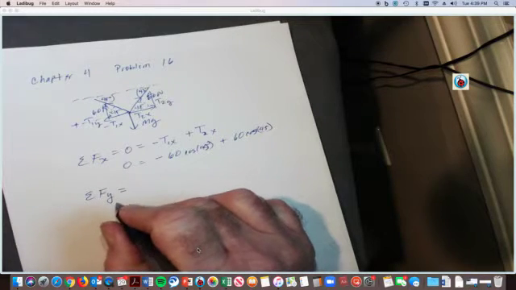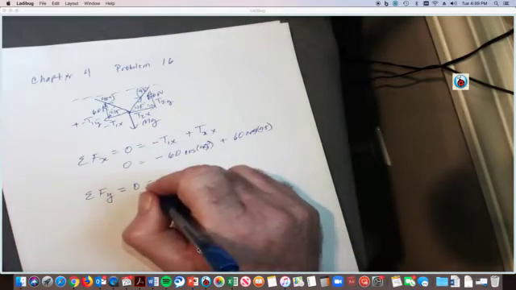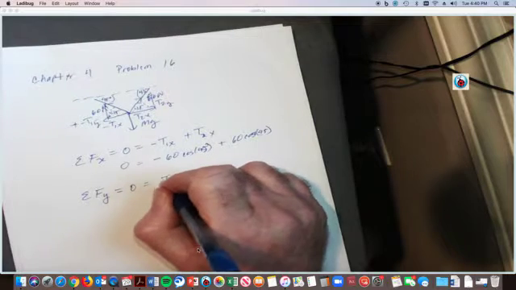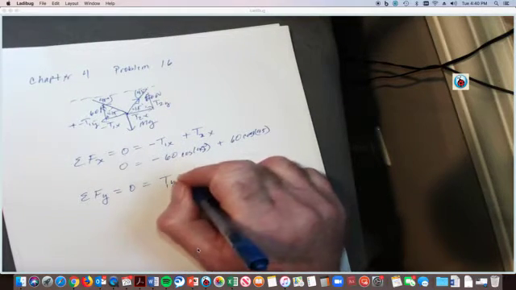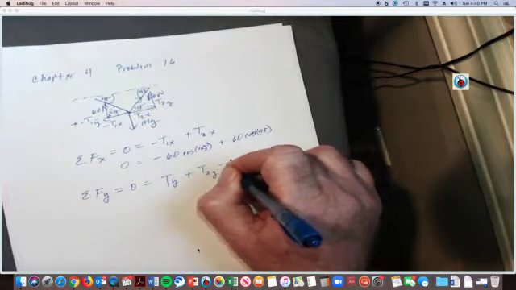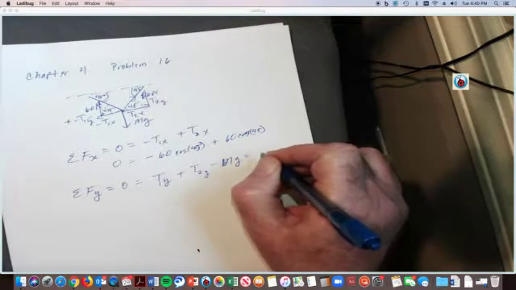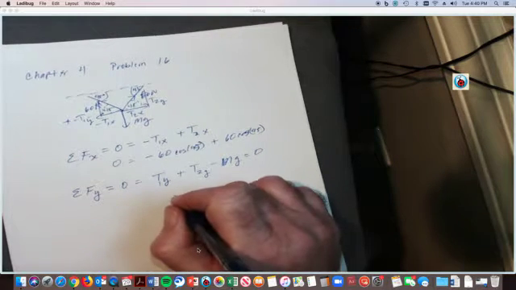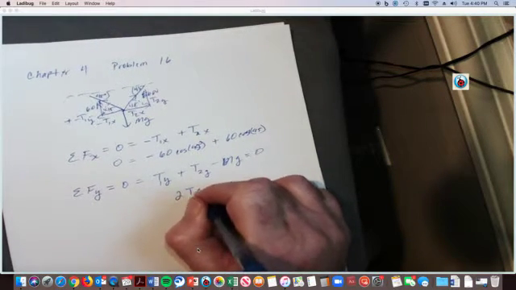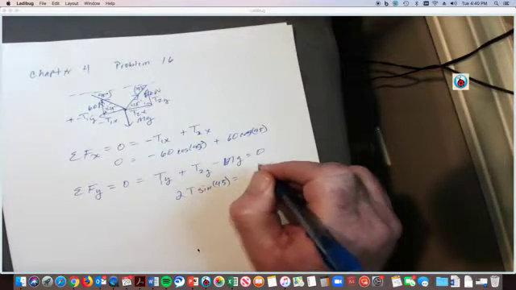The sum of the forces in the y direction is equal to 0, which is equal to, now notice, T1y plus T2y minus mg is equal to 0. So 2 times T sine of 45 is equal to mg.